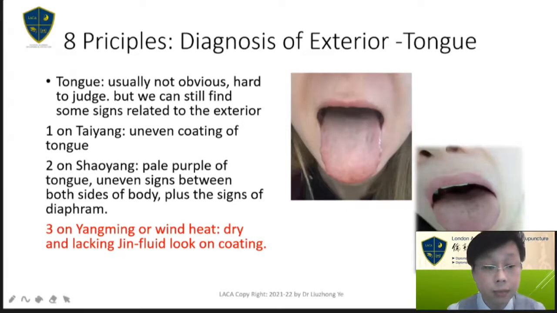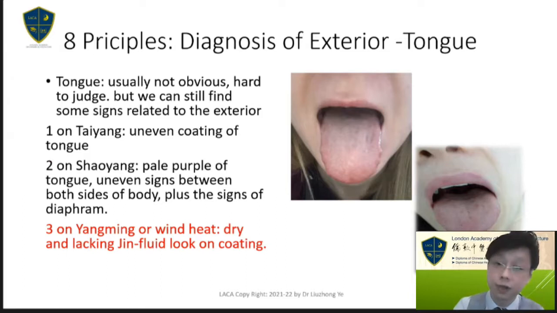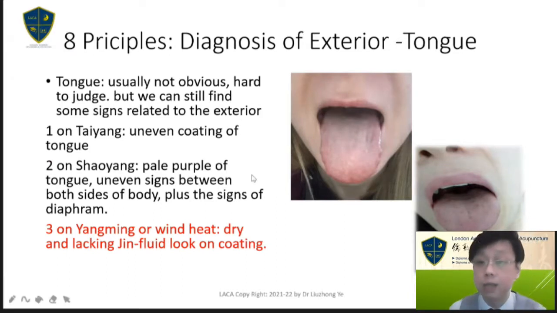For Yangming or wind heat, because usually wind heat syndrome, which is the wei qi ying xue differentiation, the 4 stages, is heat-oriented. And when Yangming starts to show up, Yangming usually is a heat-leading symptom.